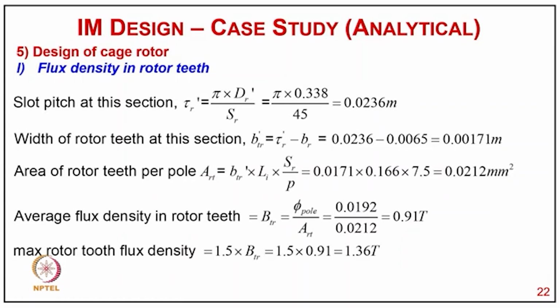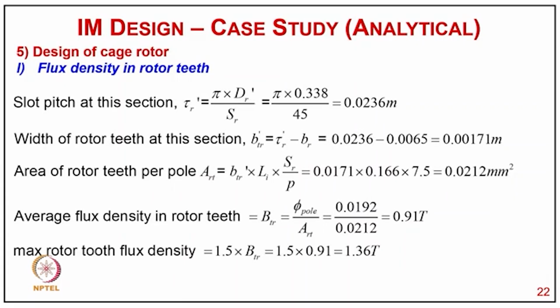The width of the teeth at this section is BTR dash equal to TR dash minus BR, and keeping the values it comes to 0.00171 meter. The area of rotor teeth per pole, ATR, equals BTR dash into Li into SR upon P, so it comes to around 0.0212 meter square.